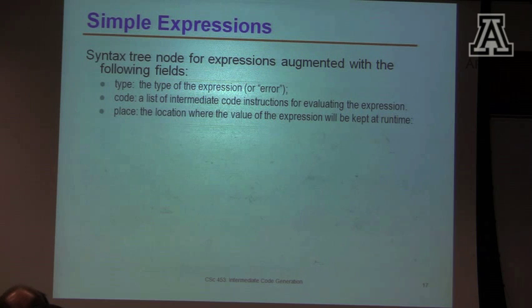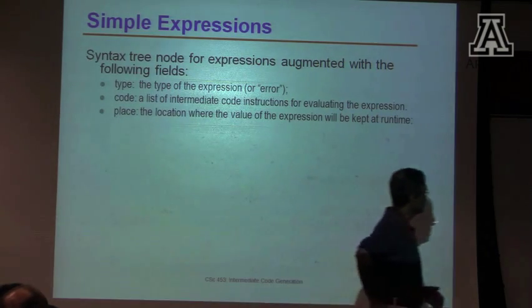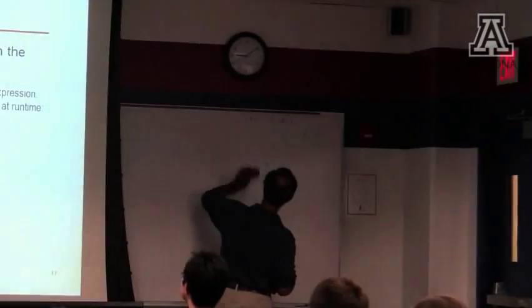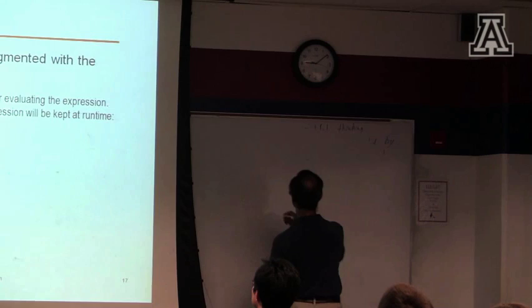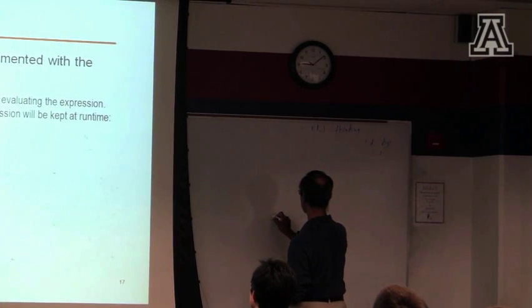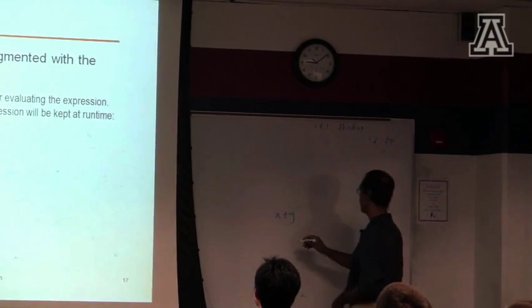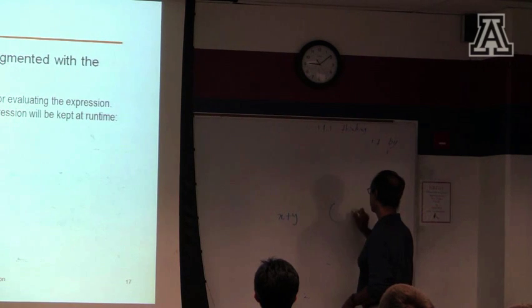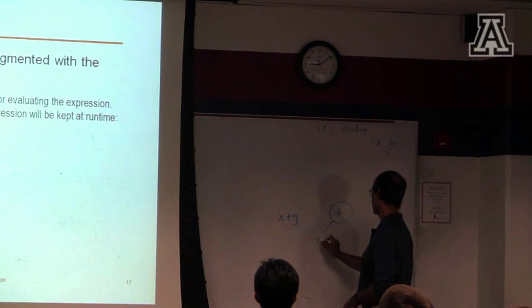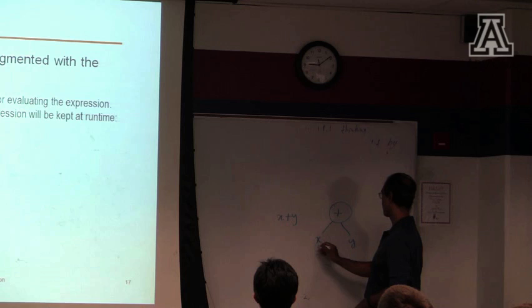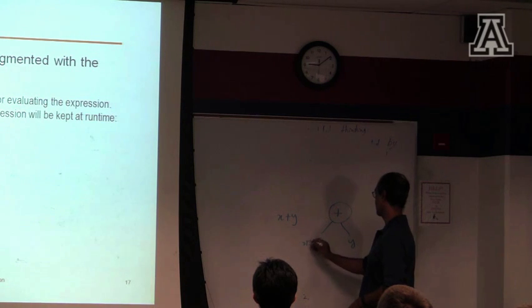The difference between the node type and the expression type is this. Suppose my expression is x plus y. My syntax tree looks like this, and this is a pointer to the symbol table entry.